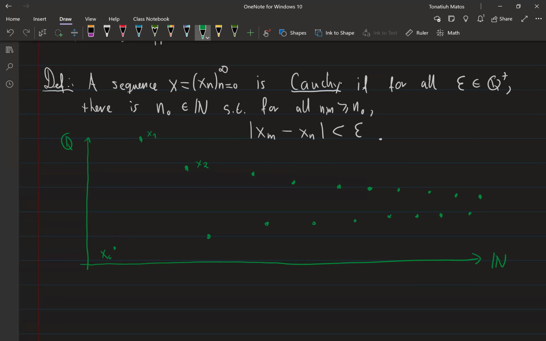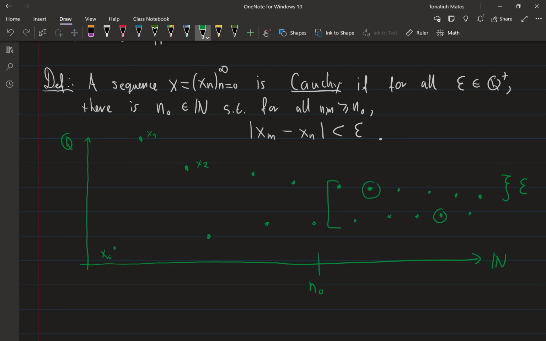So whenever I challenge you to give an amount epsilon, you should be able to produce a boundary, n0, from which onwards every distance is bounded inside this epsilon, right? So regardless of which points you take, if you measure out the distance, it's going to be smaller than epsilon. So the sequence becomes closer and closer to itself.